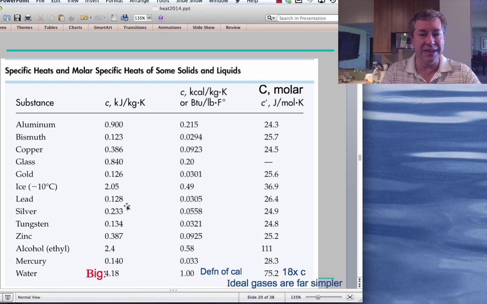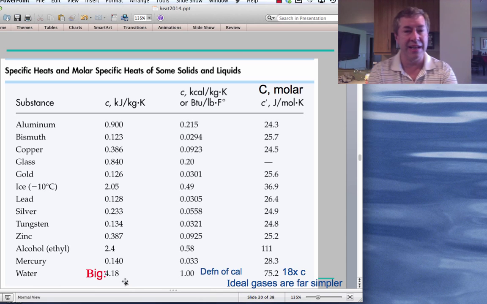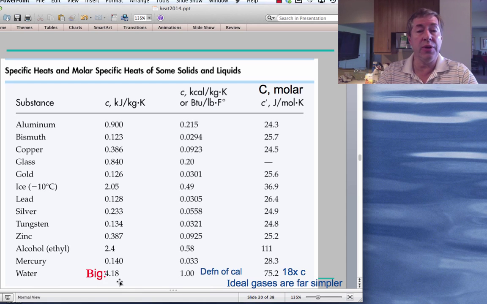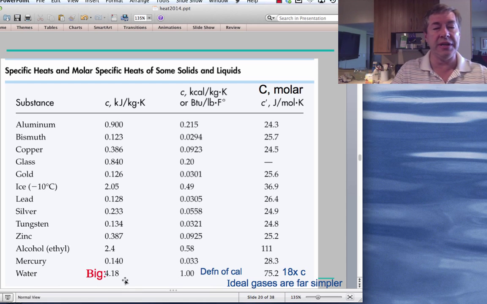But what are the huge ones here? Look at this. The liquids have enormous specific heats, especially water at the bottom of the table. As you may recall, it takes 4,180 joules of energy to raise a kilogram of water by just 1 degree Kelvin.